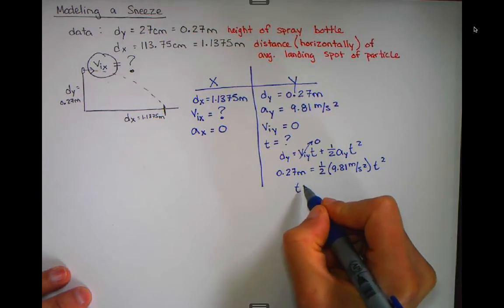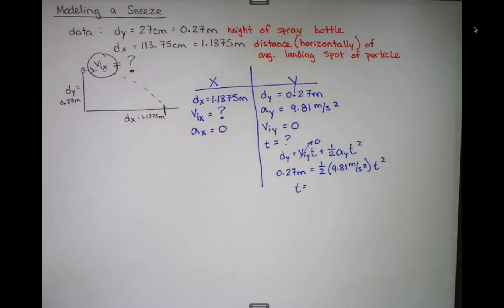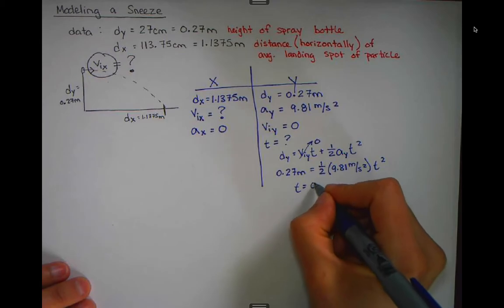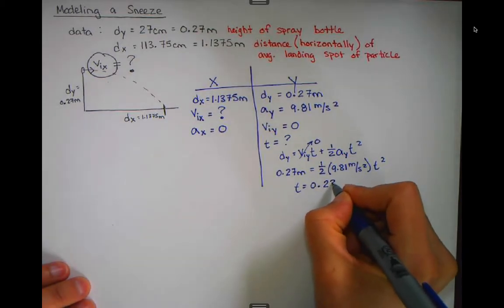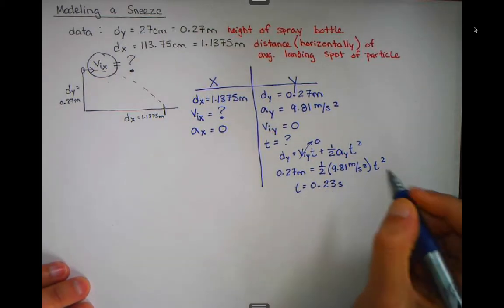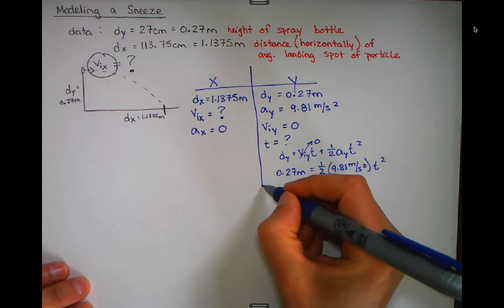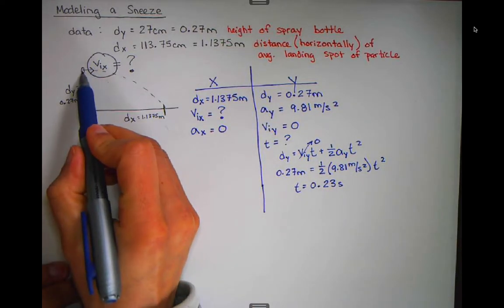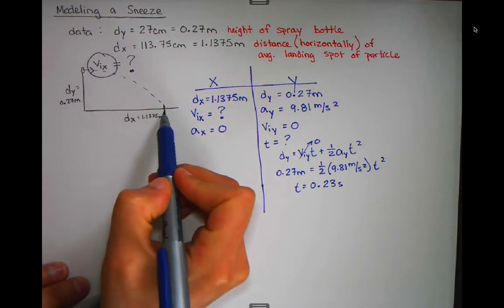Right, so then you have to solve for t. Don't forget to take the square root. Right, so I'm going to do my math real quick here. So I get a time of 0.23 seconds.